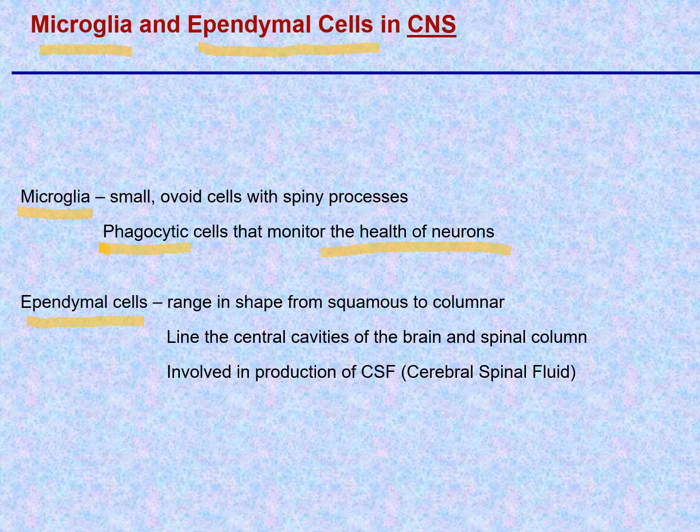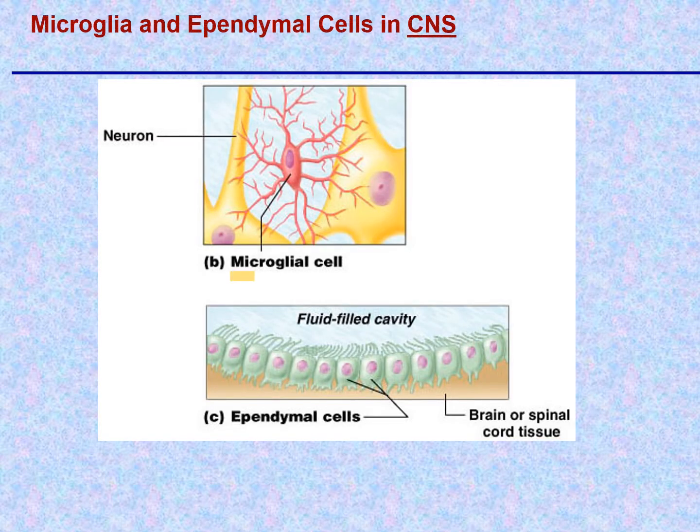So we have macrophage-like microglial cells that are involved in protecting, phagocytosis, maintaining the health of neurons. And here you see one microglial cell embedded between some neurons, and ependymal cells that line the cavities and produce the cerebrospinal fluid, or CSF.